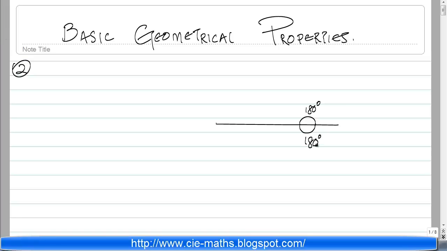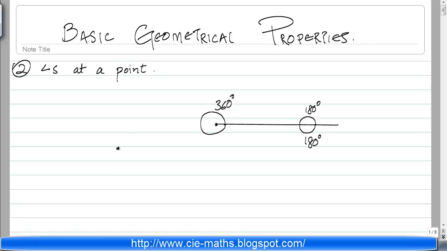So the property states that a complete angle at a point is 360 degrees. And that is true because 180 plus 180 is equal to 360 degrees. So our second property is angles at a point.